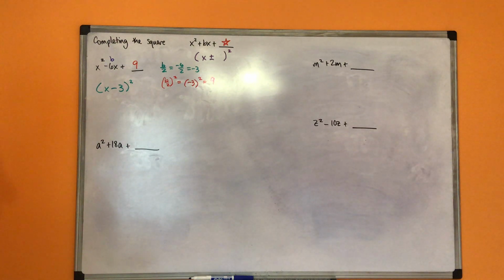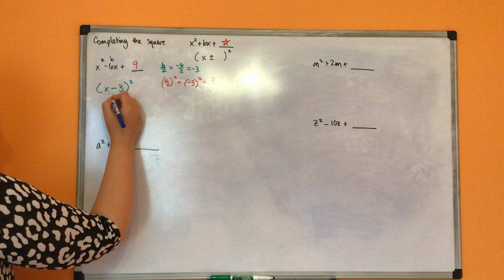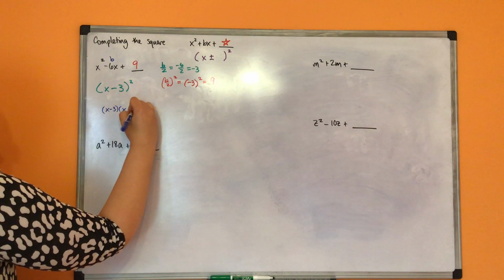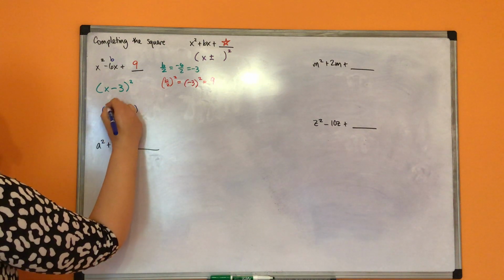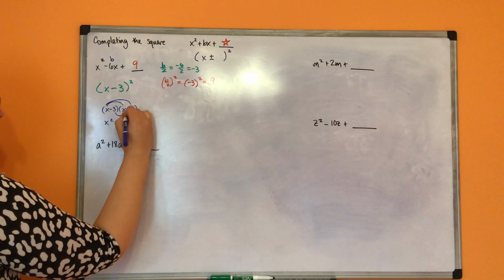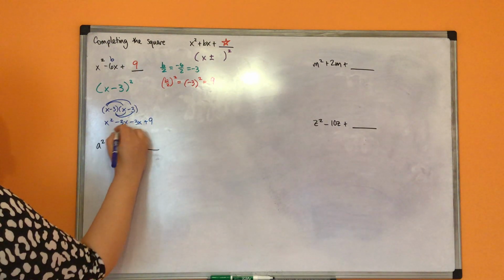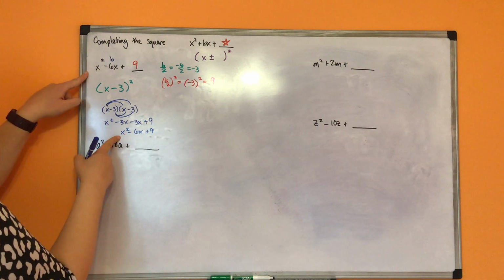Why did we do all this? Well, if I take this x minus 3 squared, which really stands for x minus 3 times x minus 3, if I multiply that out, I get x squared minus 3x minus 3x plus 9. And when I combine my like terms, I get exactly this expression here.